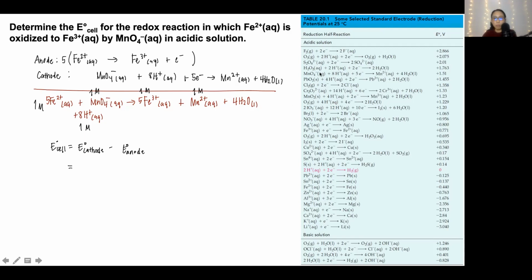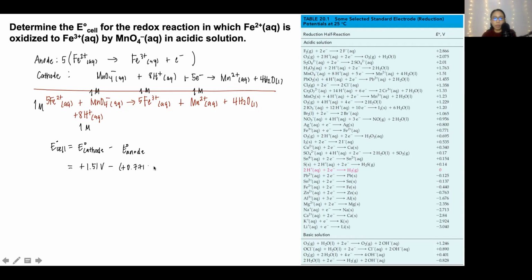So our cathode is that of permanganate, so that's positive 1.51. Meanwhile, our anode is that of iron 2 to iron 3. So for us to find this, we need to look for the reverse of this reaction. So that's iron 3 to iron 2. And we have it here.